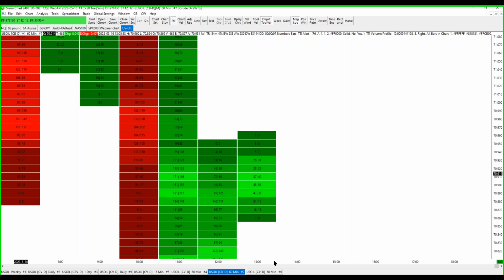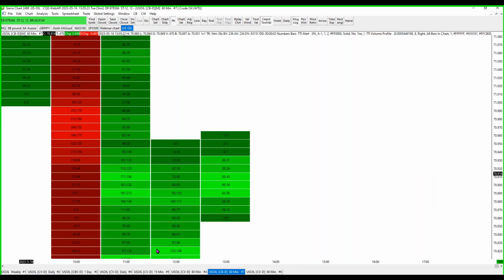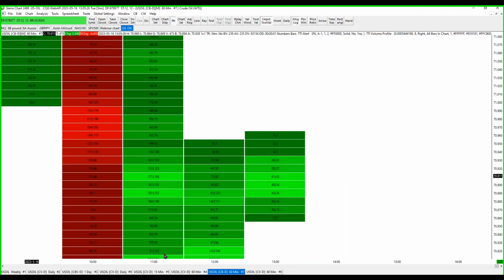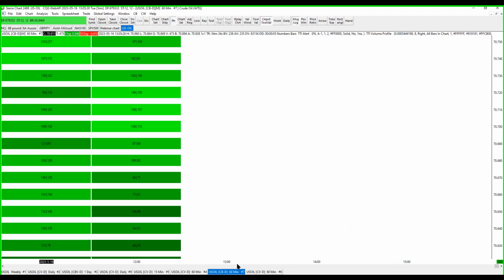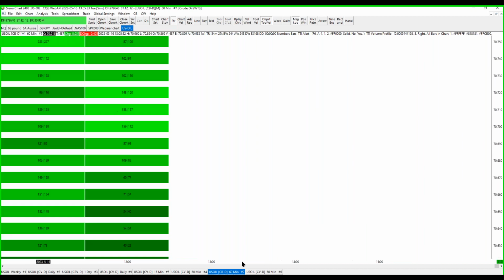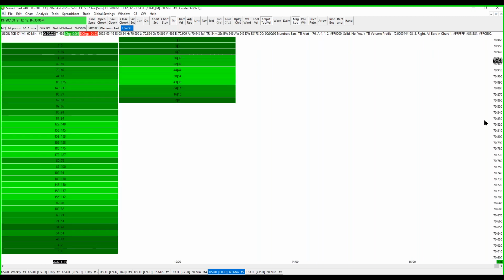Now, here's the thing. If you have just one candle, for example, the last candle that you see right here. It's ugly, it's fine, but at least you understand. This is the candle that you have, or two candles.